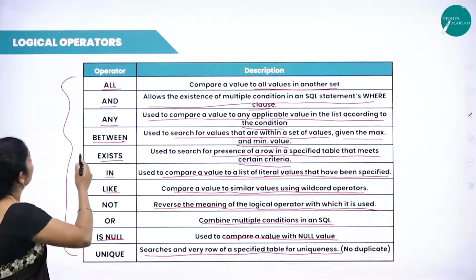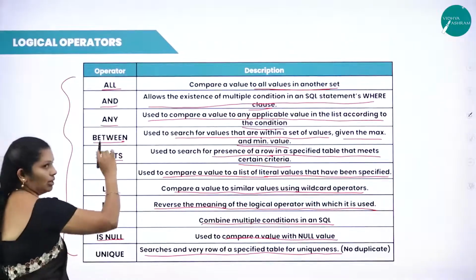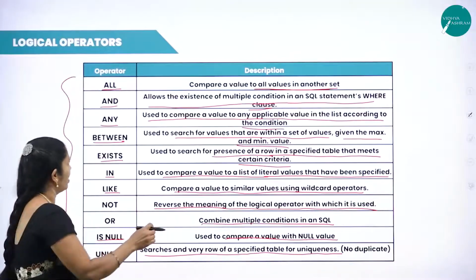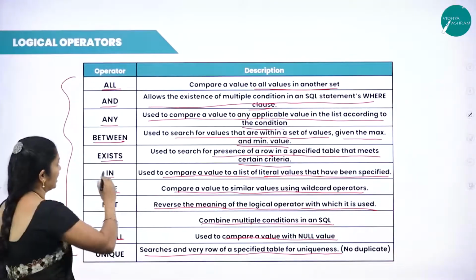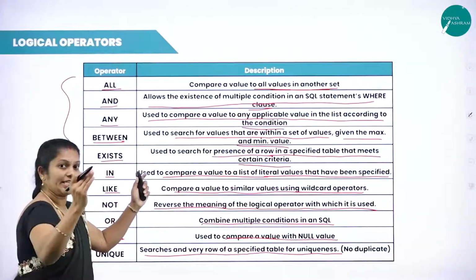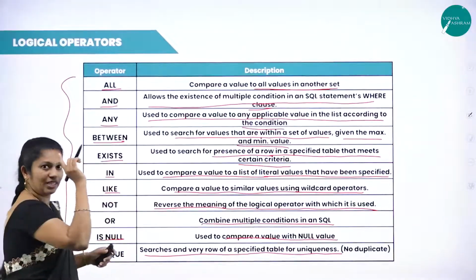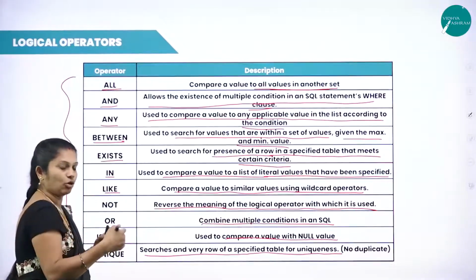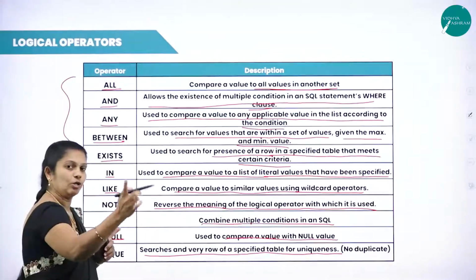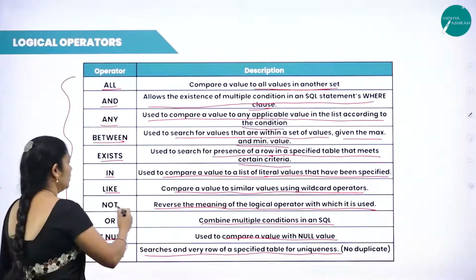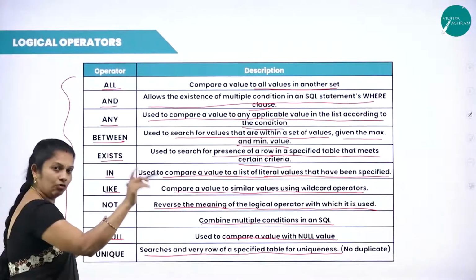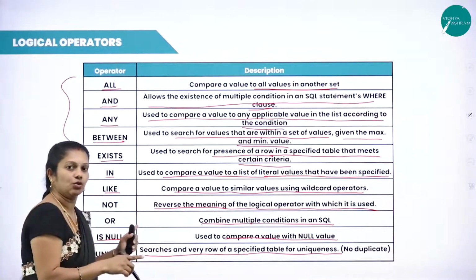Next, these are a few logical operators. AND: everything has to be satisfied. OR: any one has to be satisfied. BETWEEN: whether the value is in the range. IN: whether the data is there in that list or not. ALL: both values have to be satisfied in the same way. NOT: it is the opposite of your input data. OR: only one has to be satisfied, then also the result will be true.